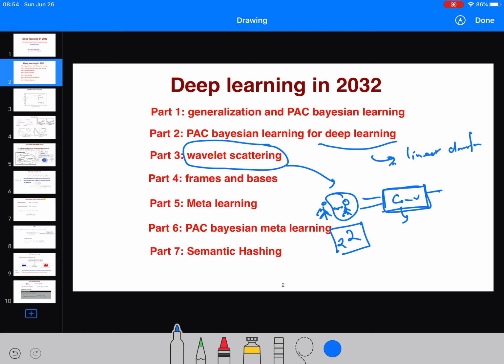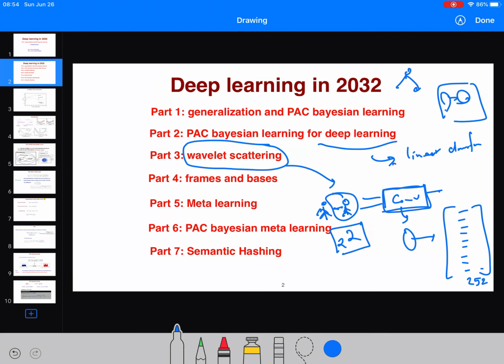He proved that if you just translate an image, rotate it, deform it, everything, if you use wavelet scattering, which is completely different from the discrete wavelet transform, then your image becomes a vector of coefficients, for example, 252 coefficients that you get after this wavelet scattering.